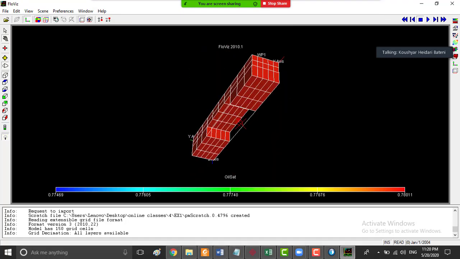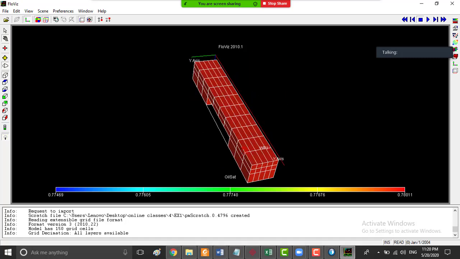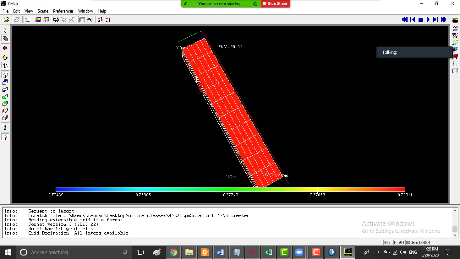And for the moment, don't worry about these missing blocks here. Try to ignore them at the moment. And look at the screen. Now, follow the pointer, follow the cursor that I'm working with.